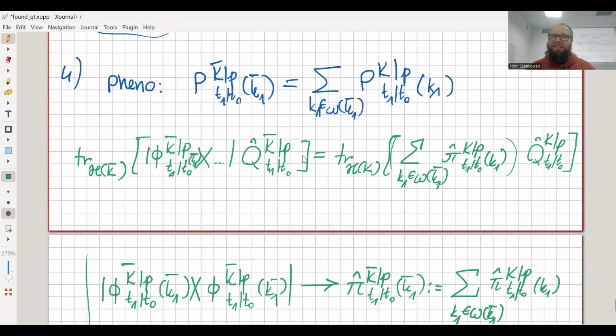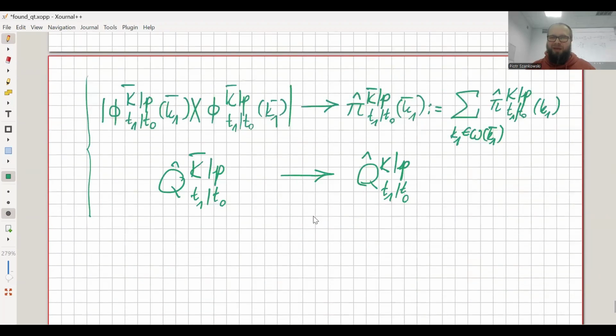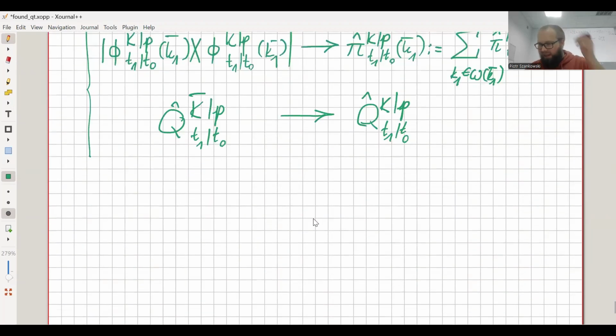Everything will be fine here. So any coarse grain version of the observable K, we can treat in the same way. So we covered all the coarse grain versions. We curtail the chaos a little bit.